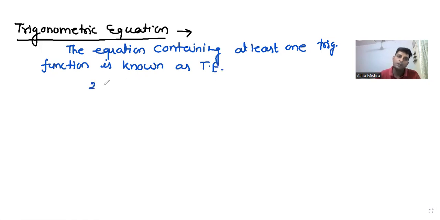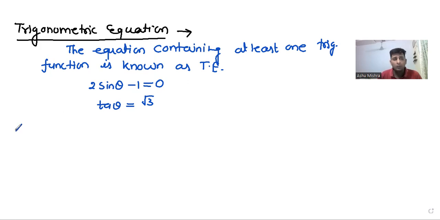Suppose we have an example like this: 2 sine theta minus 1 is equal to 0, or I can say tan theta is equal to root 3. They are containing what? Sine theta, tan theta, a trigonometric function. That means the equation containing at least one trigonometric function is known as a trigonometric equation.